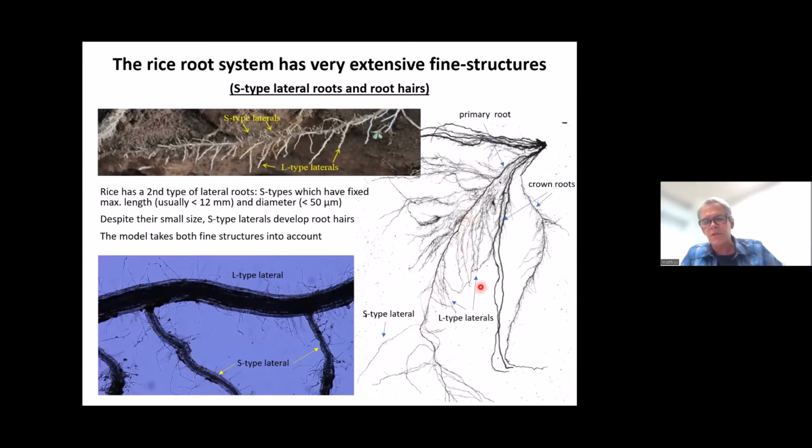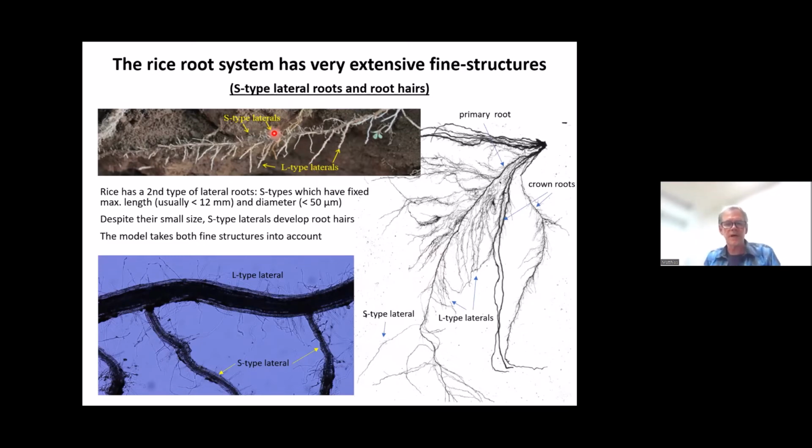That's nothing special yet. But then all root types bear a second class of lateral roots, the S-type laterals. Here you can see one sticking out, but they are very fine and almost invisible. Here on one crown root, you have the L-types and then the small S-type laterals.